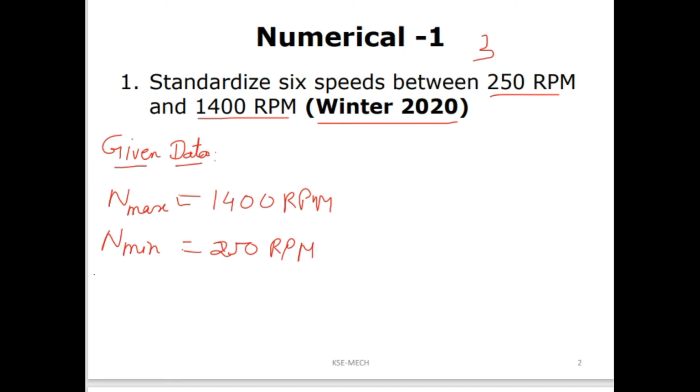And the number of speeds that we have to find, small n, is 6. So this is the data that has been given.